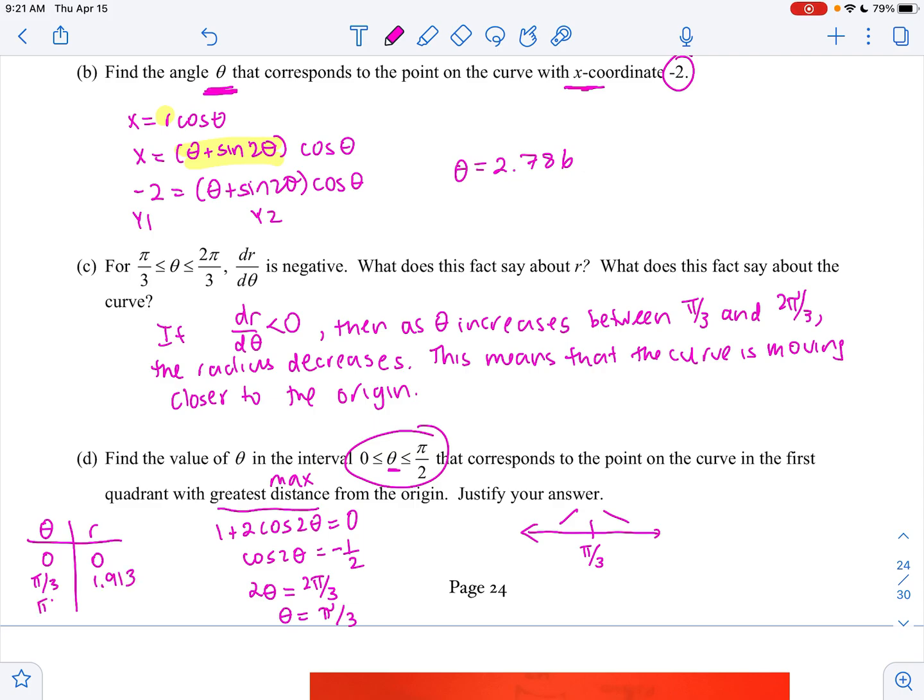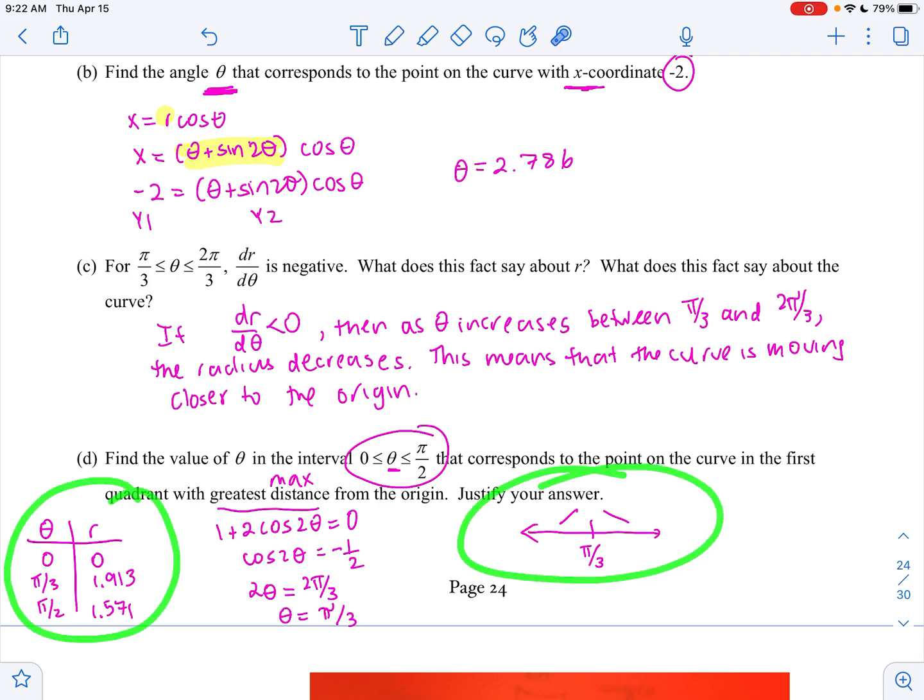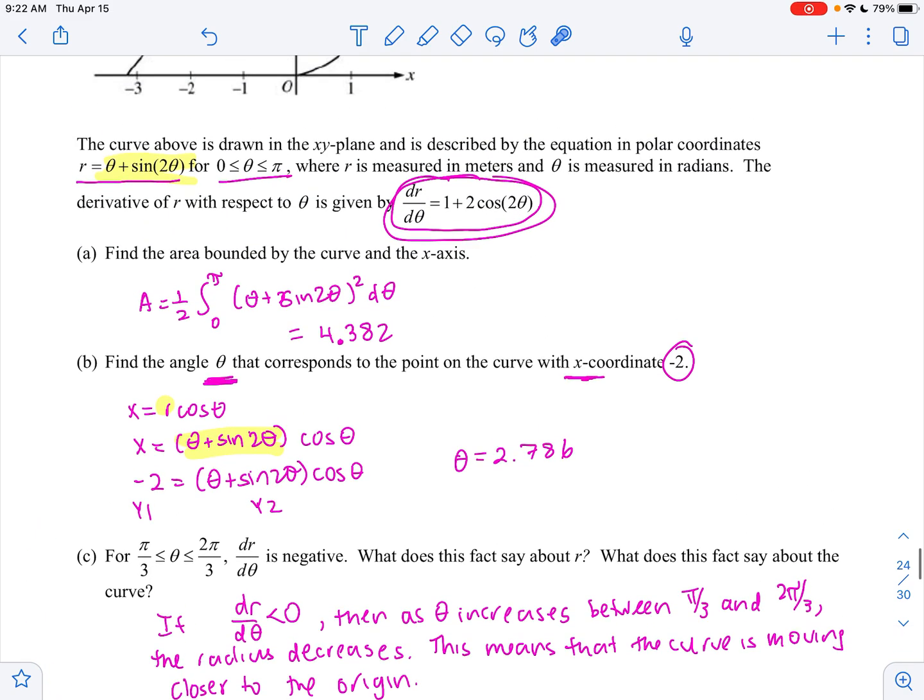And then at pi over 2, the other endpoint, it's 1.571. So this verifies it. I would have a discussion about the sign chart, in addition to the table of values, that should verify that the greatest distance away from the origin occurs at pi over 3 and is 1.913.